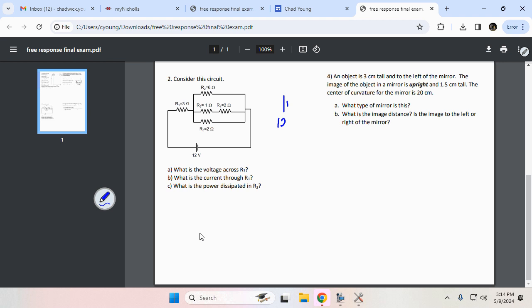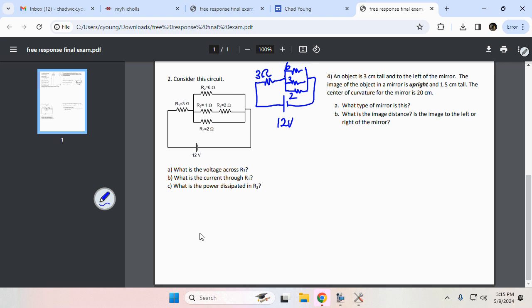So I have 12 volts right here, 3 ohms, and then I have 6, 3, and 2 in parallel. 6 up top, 3, that's the 2 plus 1, and then 2 right there. And then if you do the 6, 3, and 2 in parallel, what's that equal to?